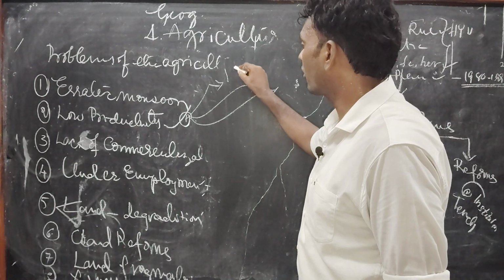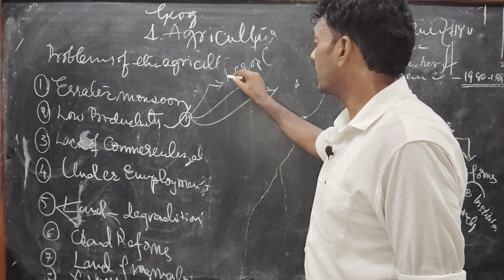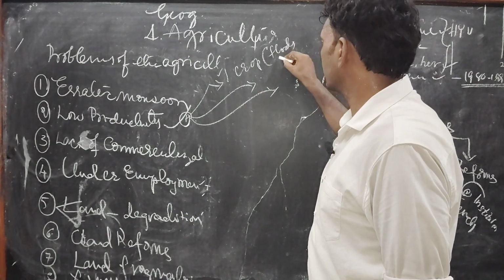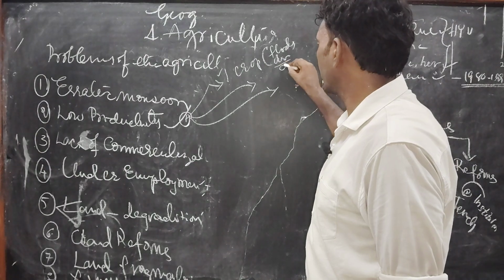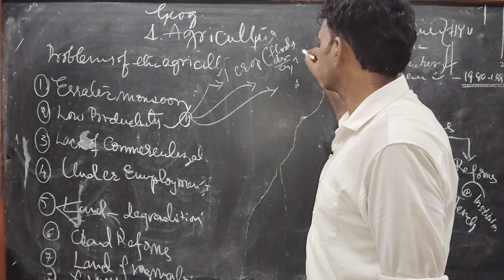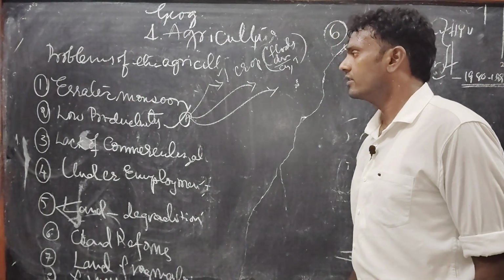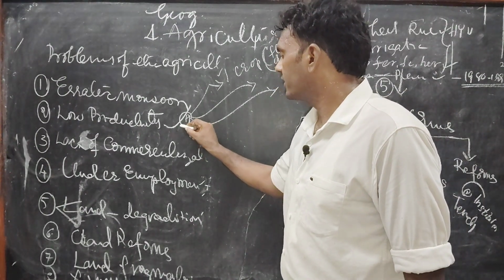Insurance for the crop, if anything happens, if there is any damage to the crop by floods or droughts or natural calamities like cyclones and tsunamis, we are providing crop insurance. Is it clear?